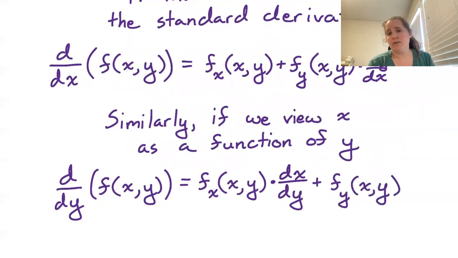So this fact is going to be key. Either version of this will be key in exact equations, which will be what we are looking at in section 2.5 and 2.6.